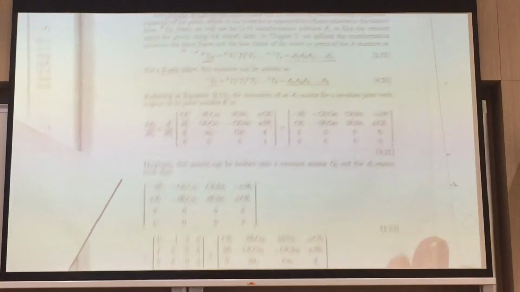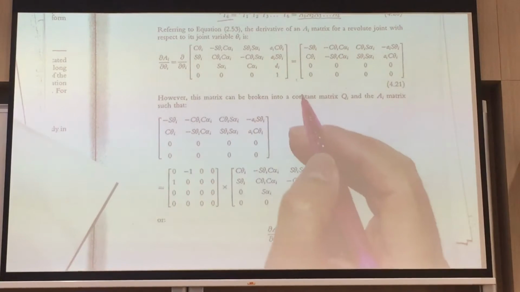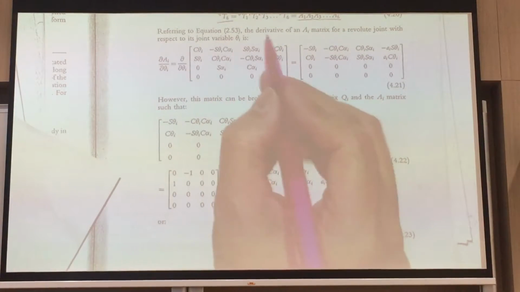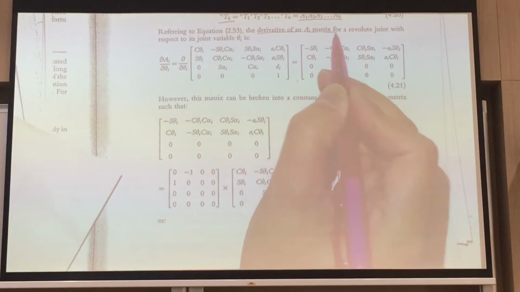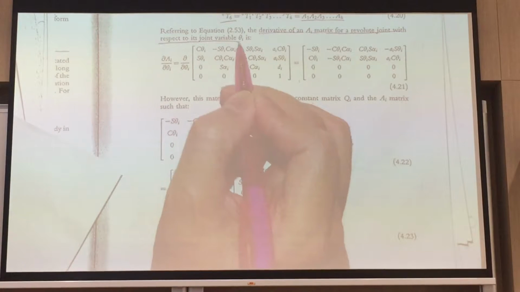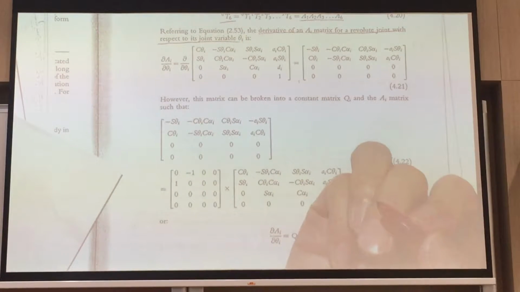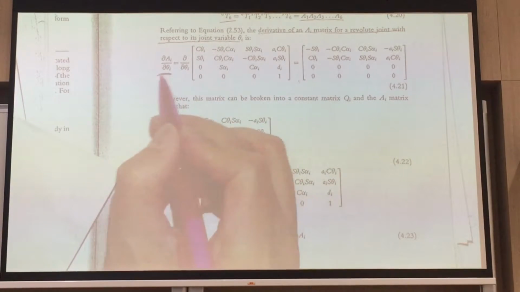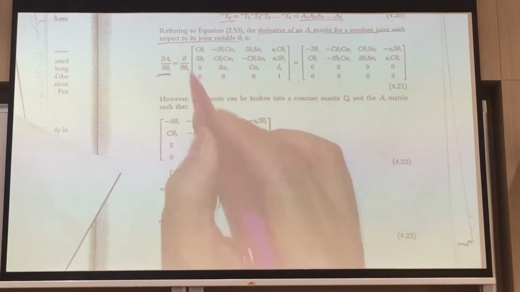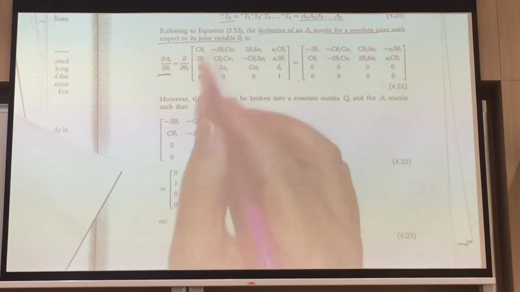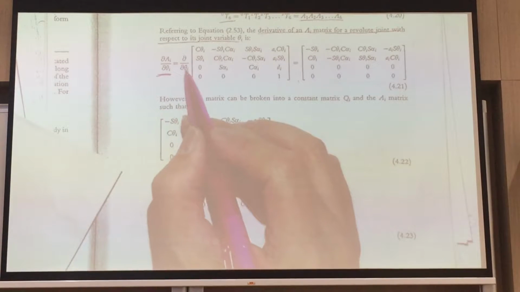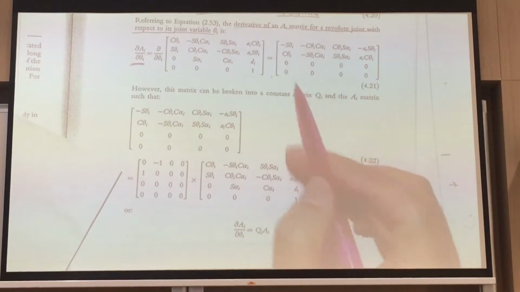The first thing is now we want to derive the derivative of Ai for a revolute joint with respect to the joint variable theta i. In other words, you want to get this. And matrix A is given by this general canonical form matrix. So when we differentiate with respect to theta i, we get this result.